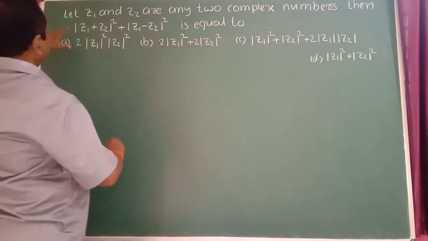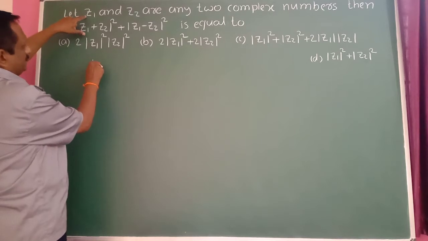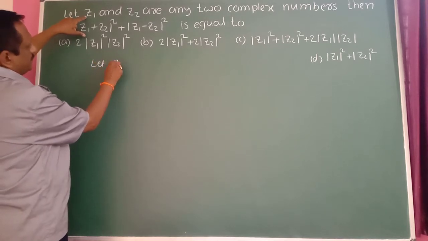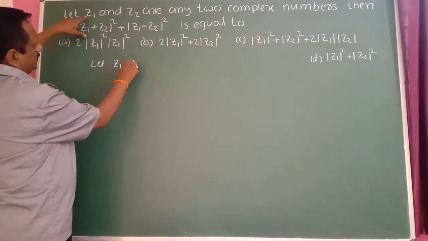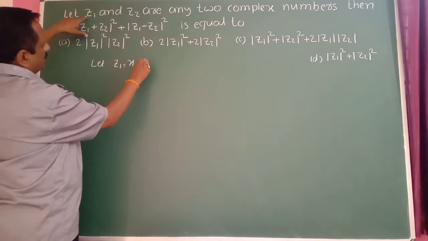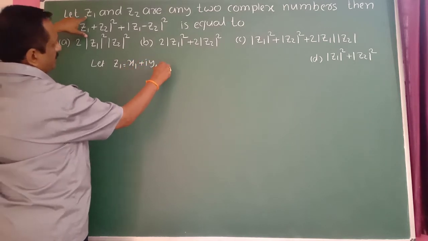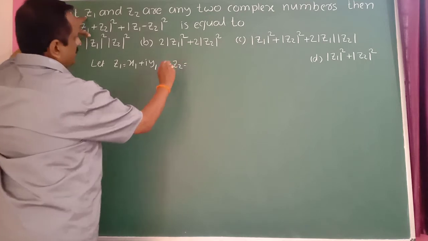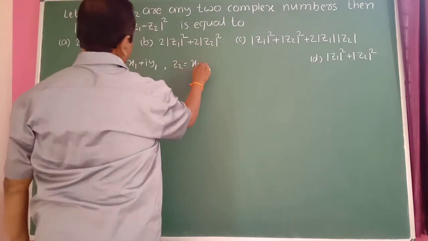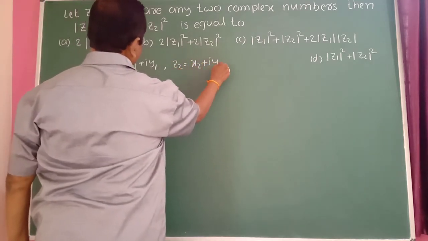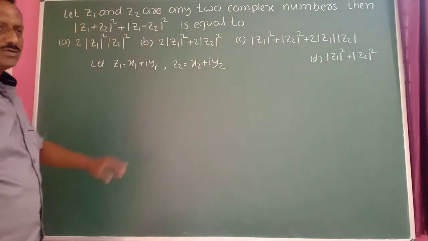So here consider two complex numbers. Let z1 is equal to x1 plus i into y1, and z2 is equal to x2 plus i into y2. These are the two complex numbers.